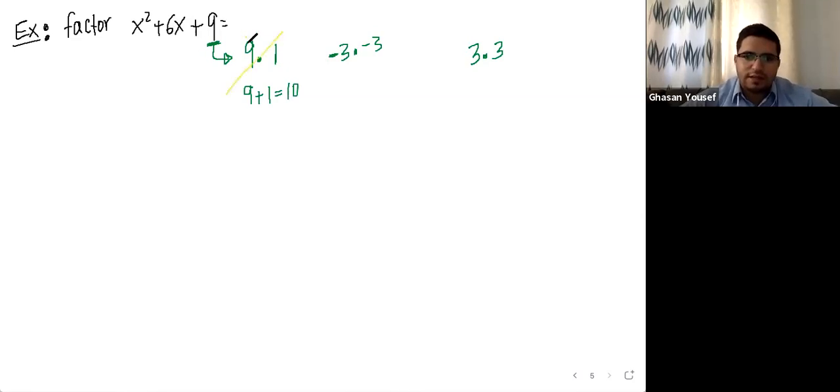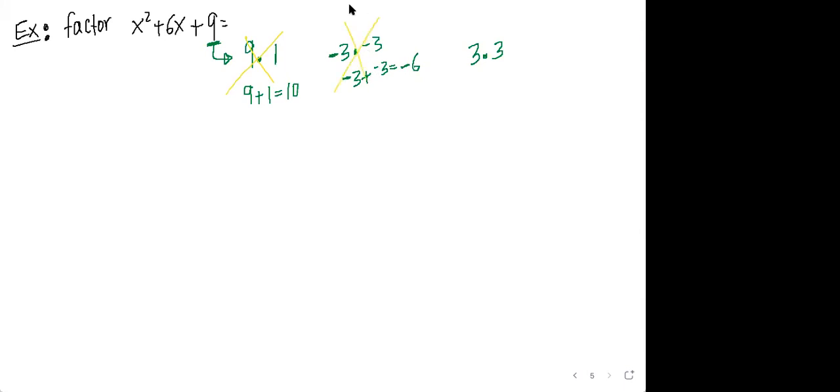For the second one, negative 3 plus negative 3 gives minus 6, but I have plus 6 in the middle, so this will not work either.